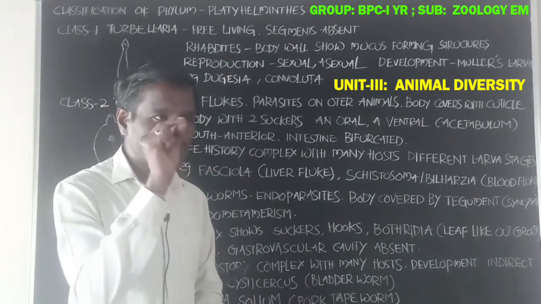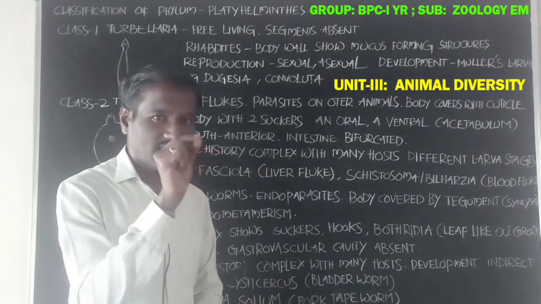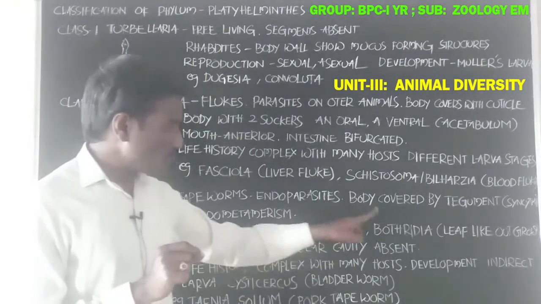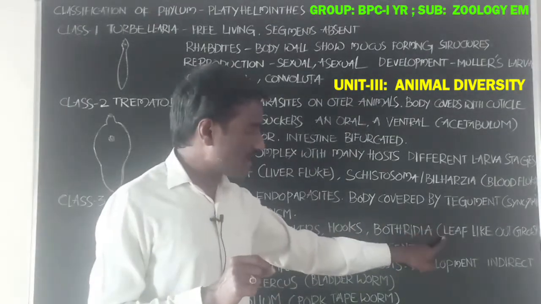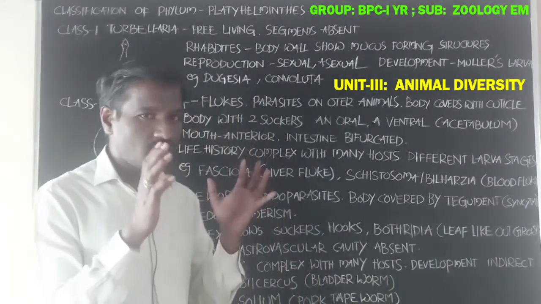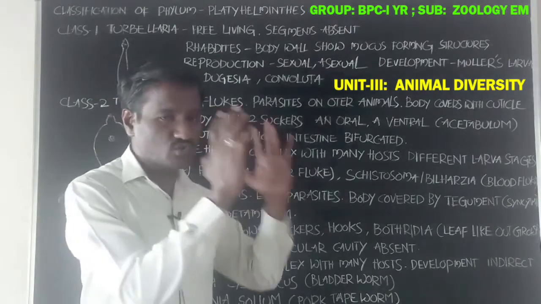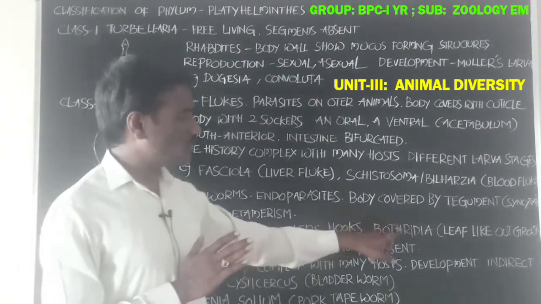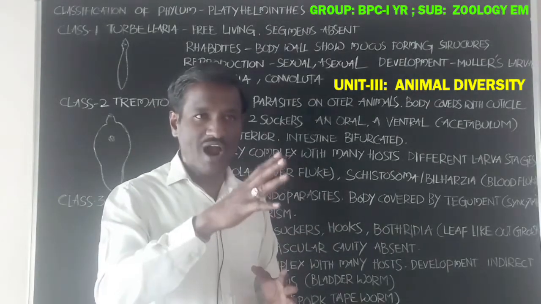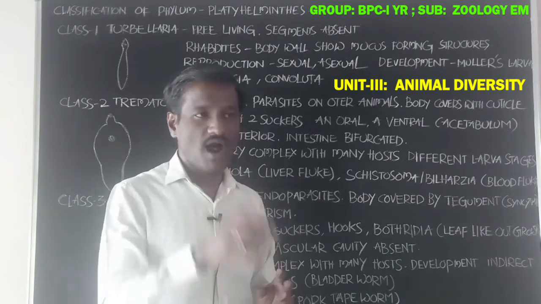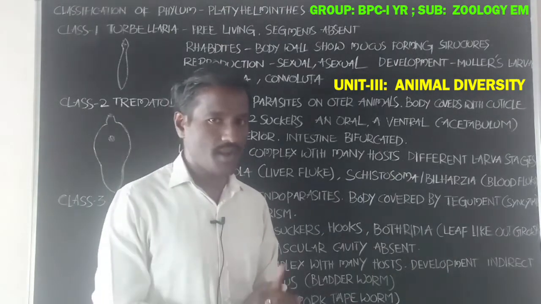The scolex shows suckers and hook-like structures. Bothridia are leaf-like outgrowths. These are shown by the scolex part of the animal. Suckers, hooks, and bothridia help in attachment to parts of the host body.